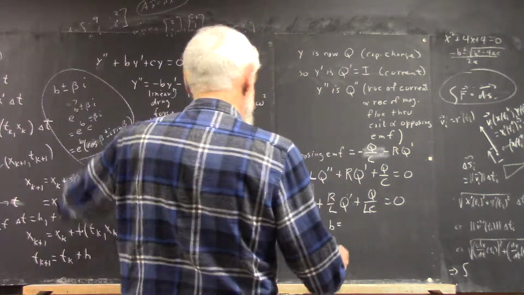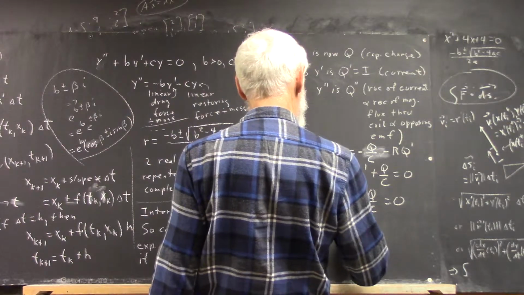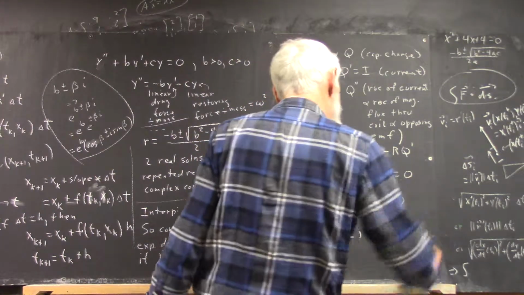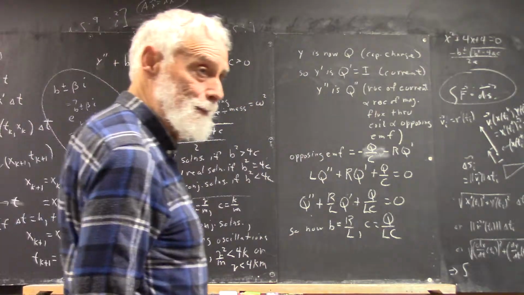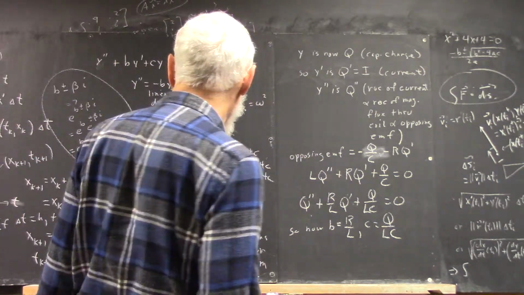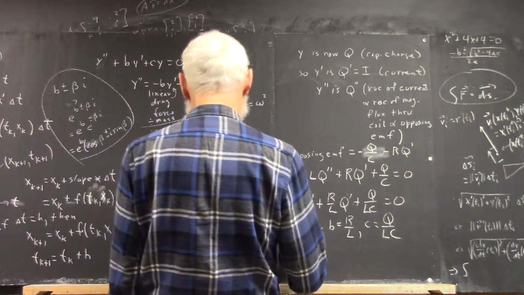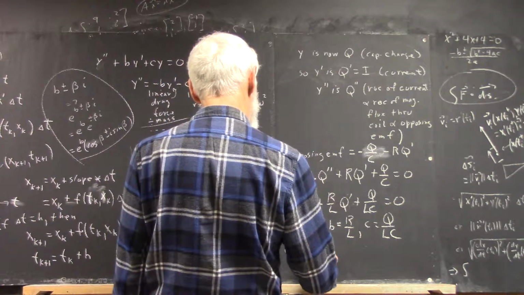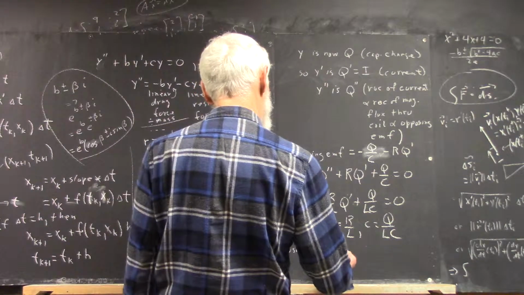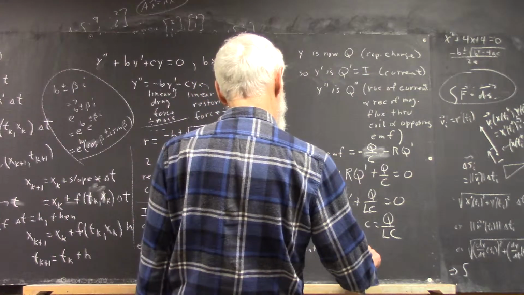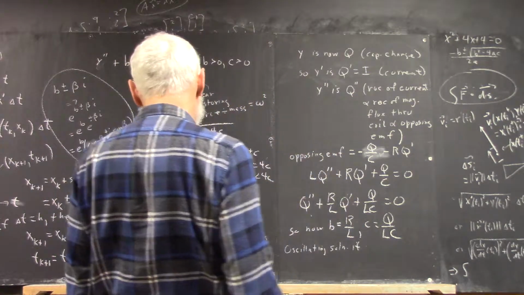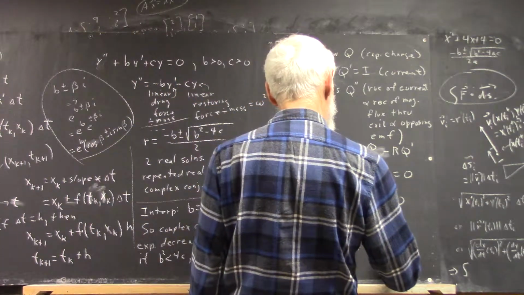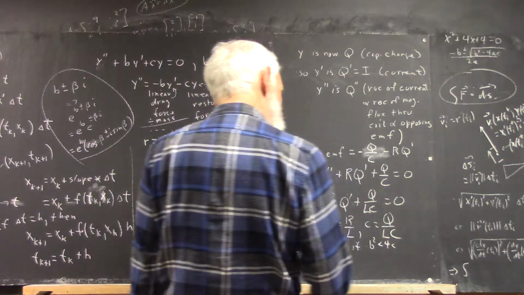So now B is R over L, and little c is 1 over L times capital C. And we get an oscillating solution if B squared is less than 4 times little c.